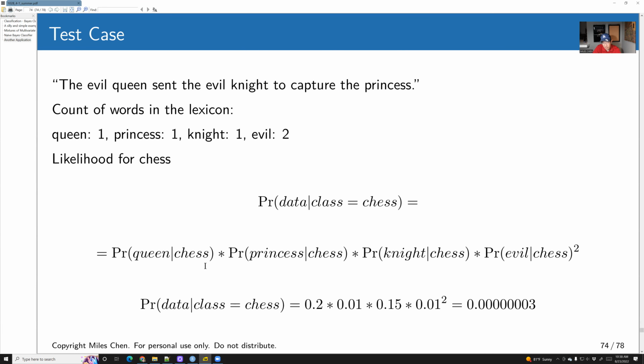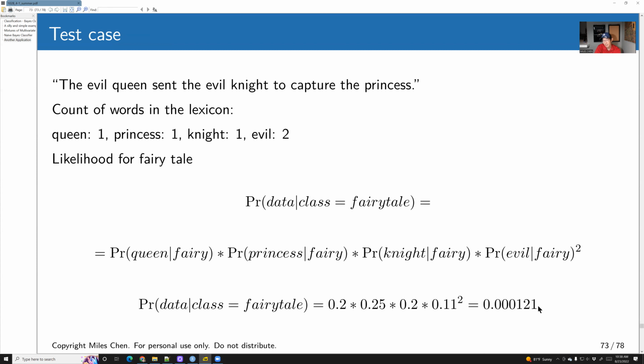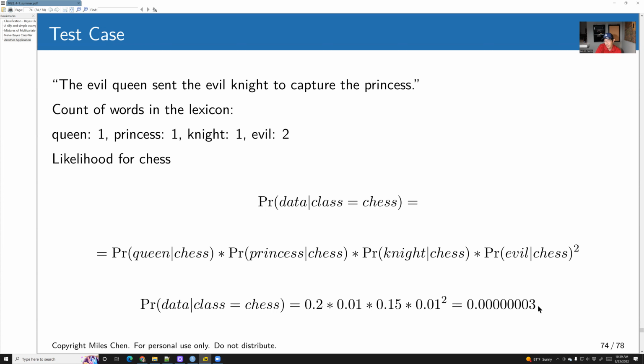So 0.2 for queen, 0.01 for princess, 0.15 for knight, and 0.01 squared for evil showing up twice. Now the likelihood is way, way, way smaller, 0.000000003. So between these two, we'd say definitely about fairy tales.